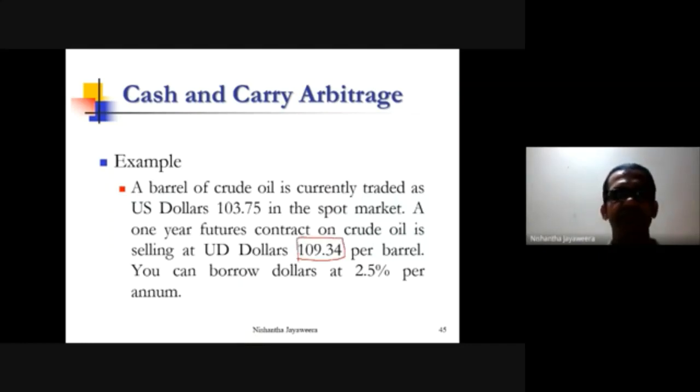This is the futures price. This is the spot price.